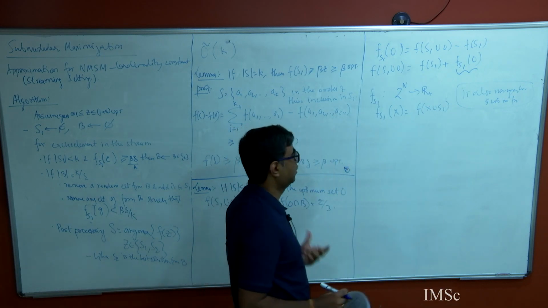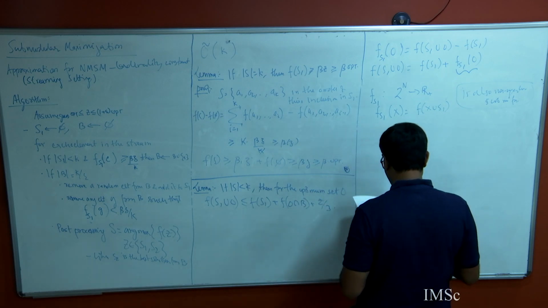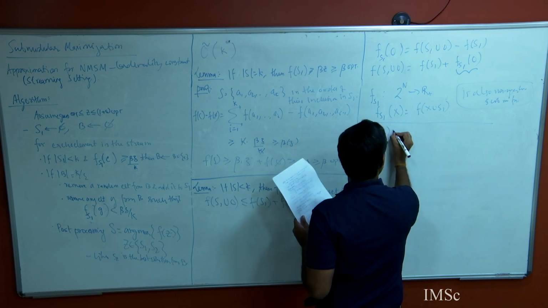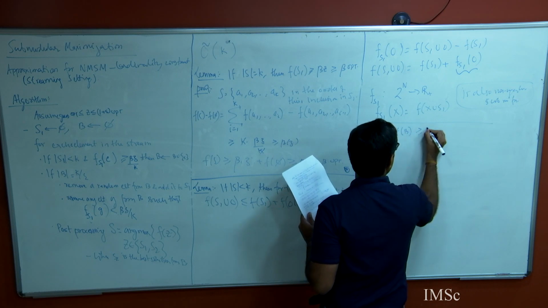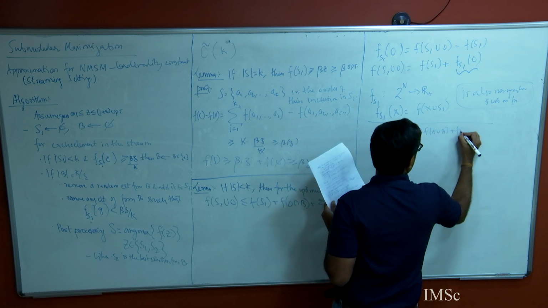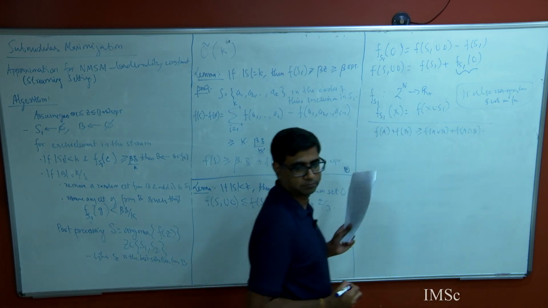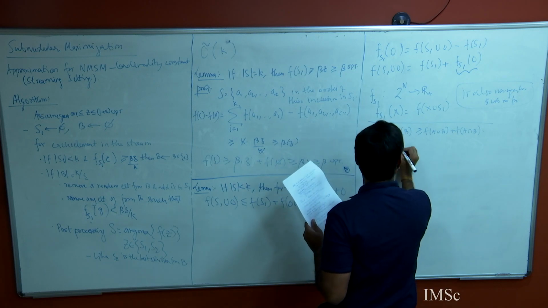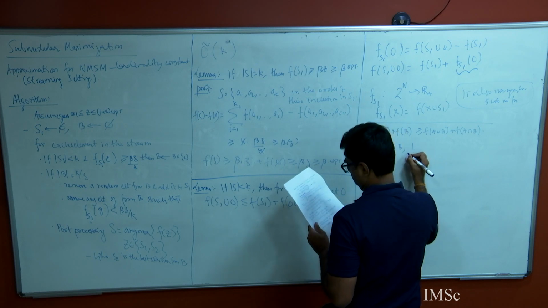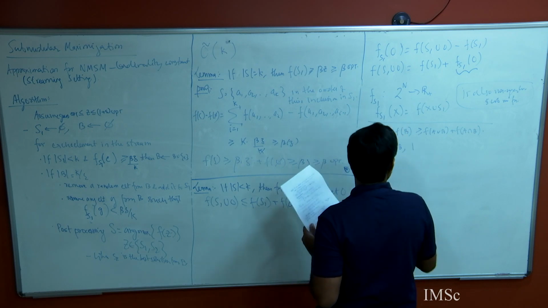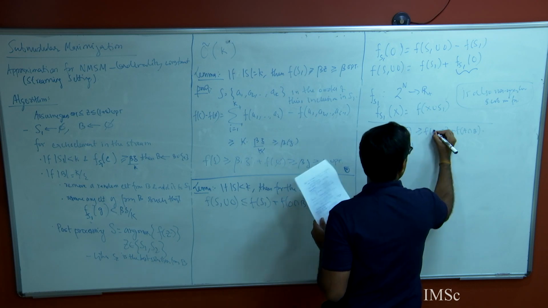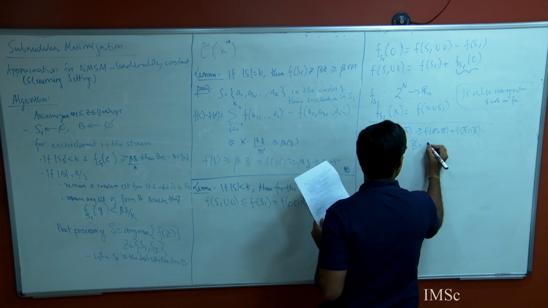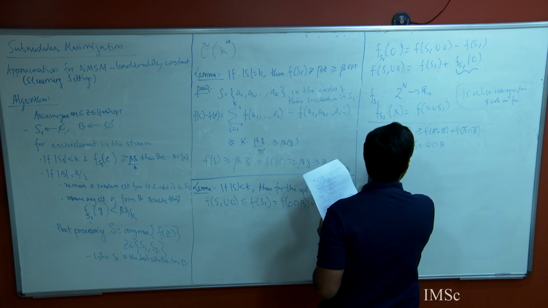Okay. So now we also know by submodularity that f of A plus f of B is greater than or equal to f of A union B plus f of A intersection B for any sets A and B. So now I'm going to take A tilde as O minus B, and B tilde I'm going to take as O intersection B. So basically I have written O in two ways.